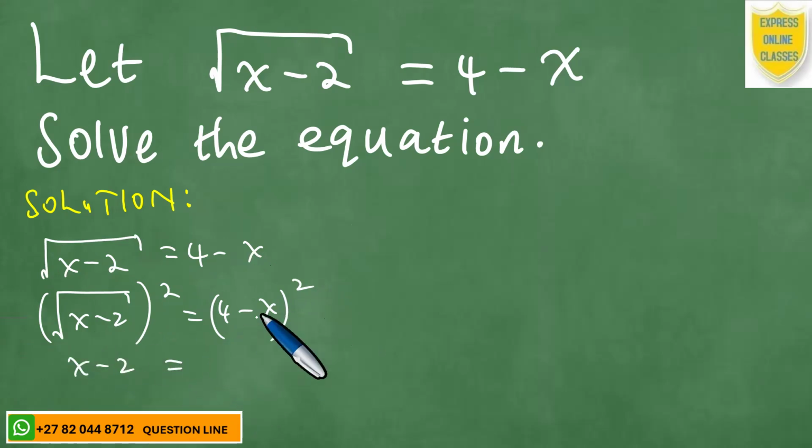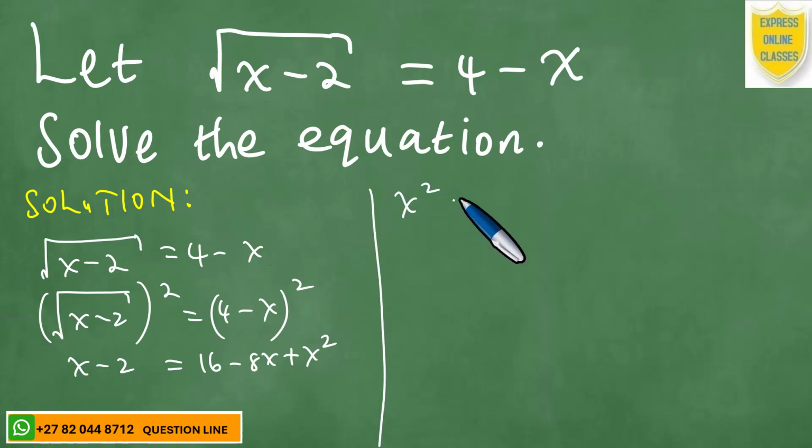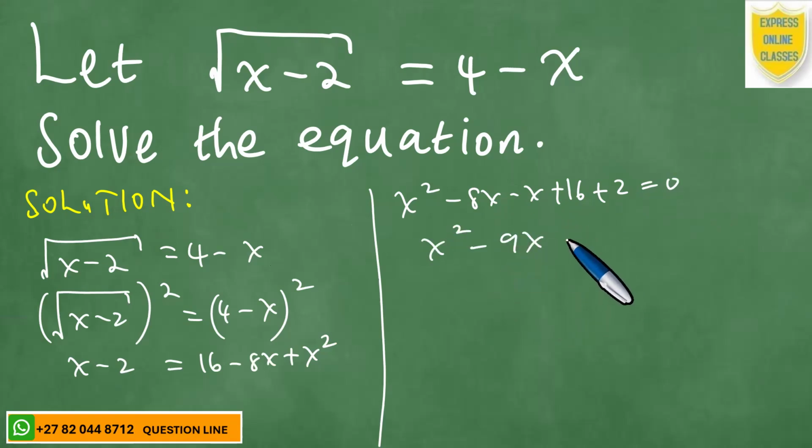Which means that at this point, you square this, which is 16 minus 8x plus x squared. And so what do we get out of this? We get x squared minus 8x minus x plus 16 plus 2 equals 0, which is x squared minus 9x plus 18 equals 0.